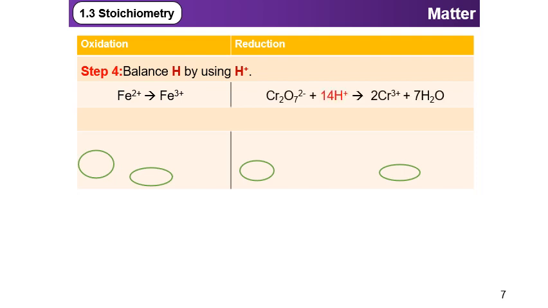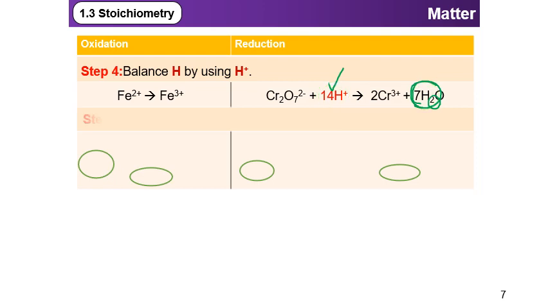But the Cr2O7 2- half equation now has hydrogen, after we balanced the oxygen by adding H2O. Here we have 7 water molecules, and each molecule of water consists of 2 hydrogen. So 7 times 2 equals 14, and that's why we have 14 H+.